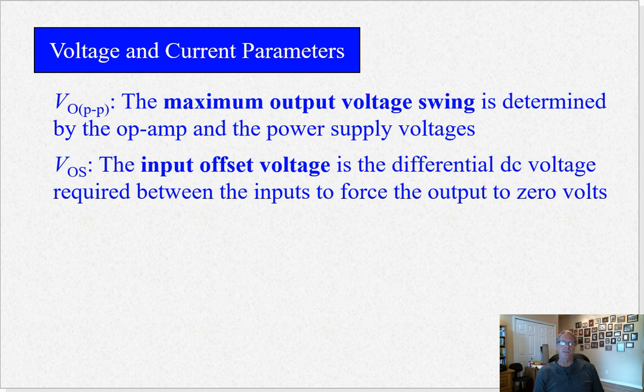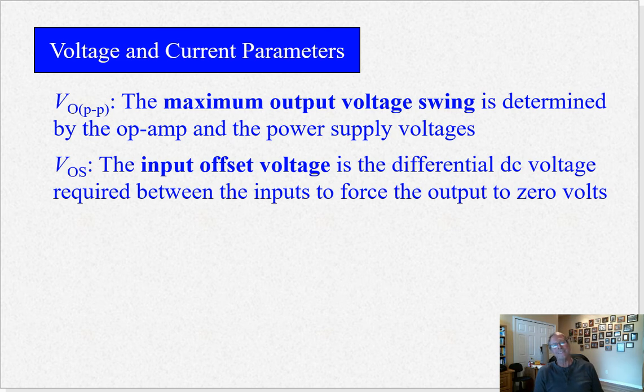It has to do with the imbalance between the currents, an imperfect part. You have to add a little voltage, either positive or negative, between the two inputs in order to cause the output to go to 0. That voltage that you apply is called the input offset voltage, VOS, and that's a specification on the data sheet for the op amp, as is the maximum output voltage swing.